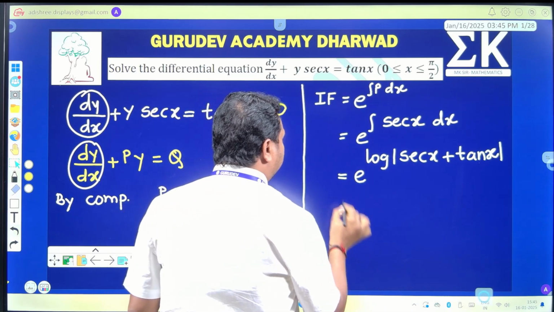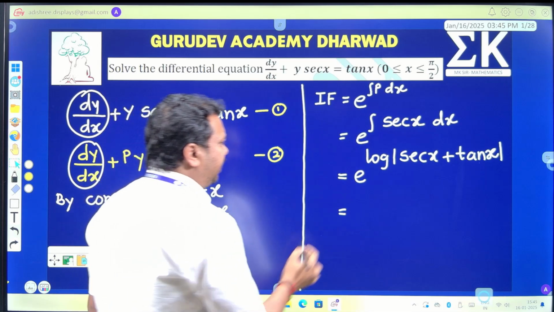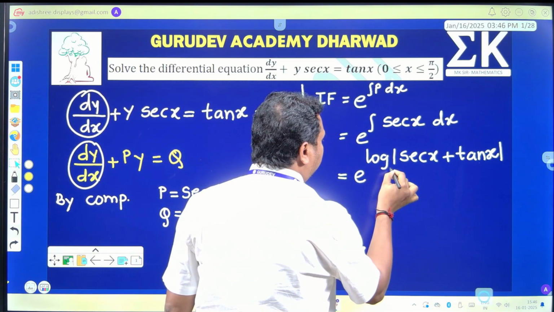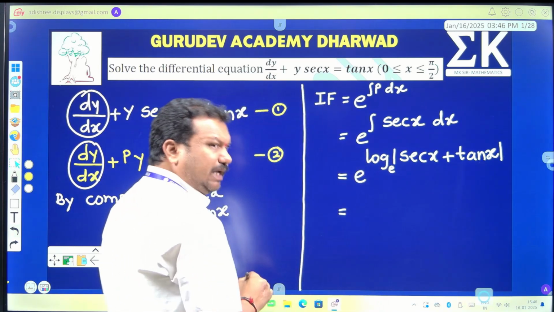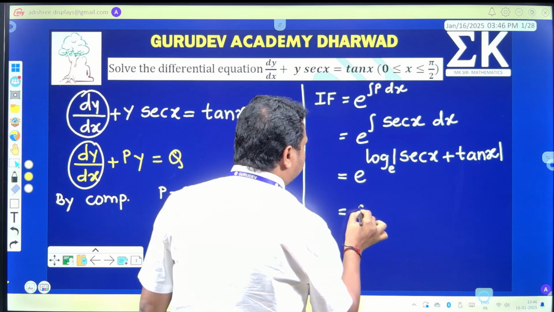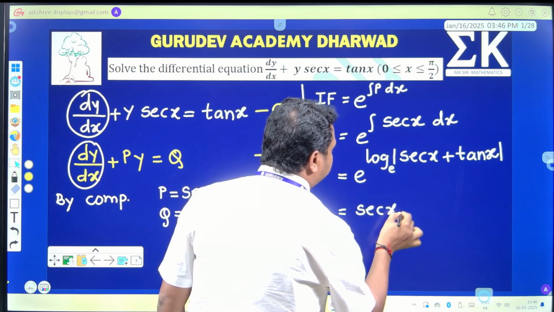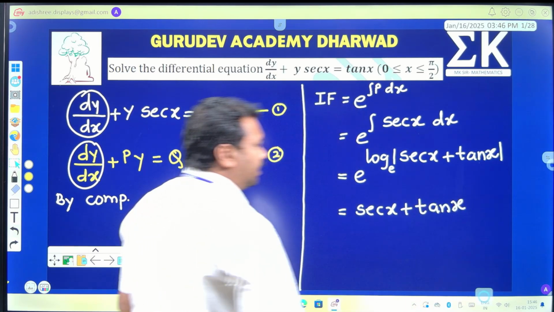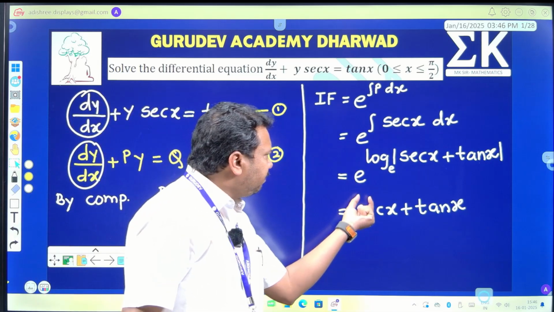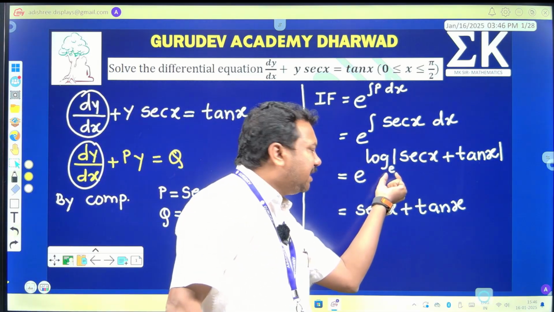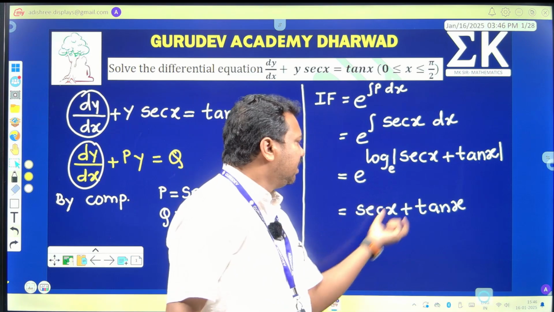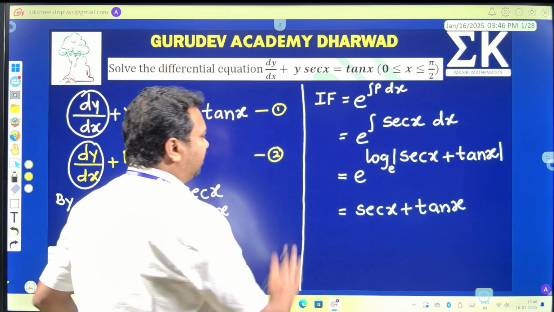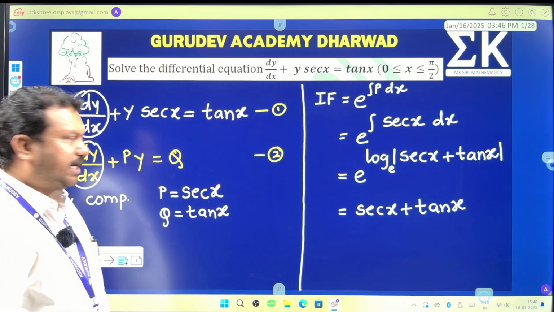And whenever we have a function in the form e to the power log of some f of x, where the base is the same, we consider only the function itself, that is secant x plus tan x, only f of x. I repeat, whenever we have e to the power log f of x to the base e, with the same base, we consider only the function itself, right? Therefore, what is your integral factor here? Secant x plus tan x.